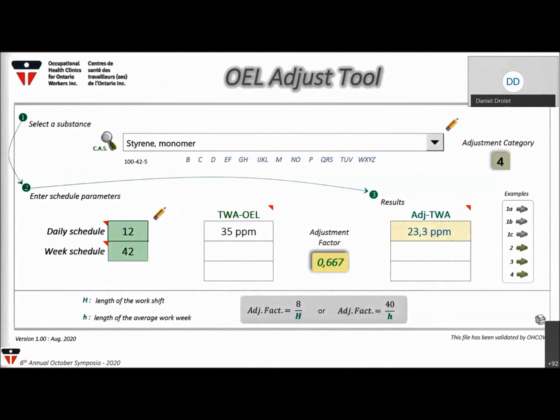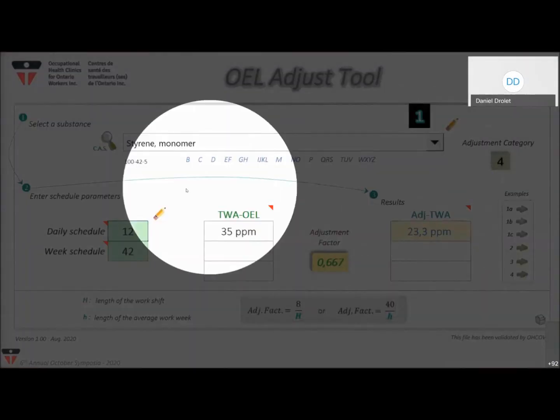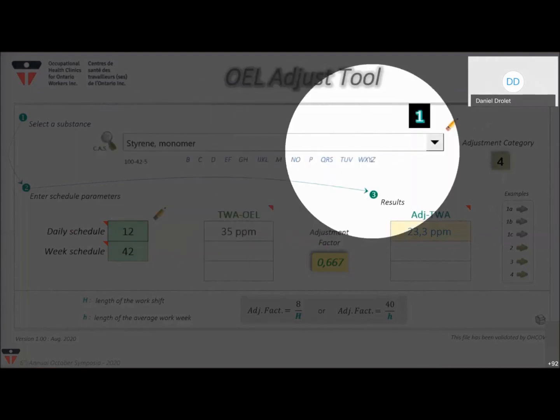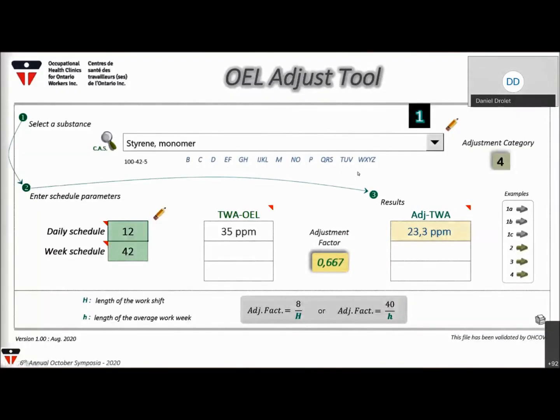So the main page of the tool is this one. It is very simple. This is a screen capture, and it's a 1, 2, 3 step process. So number one, you have to select from this drop-down here one of the substances, and there are more than 700 substances.